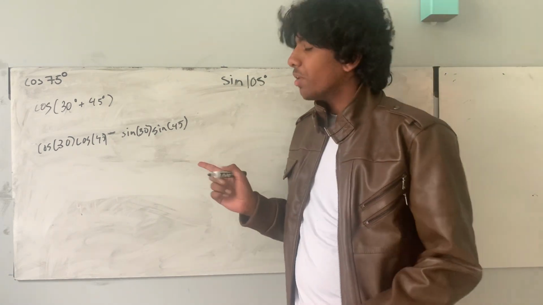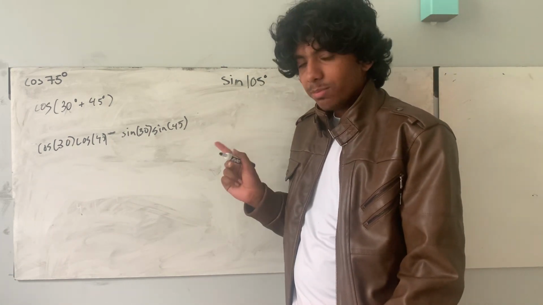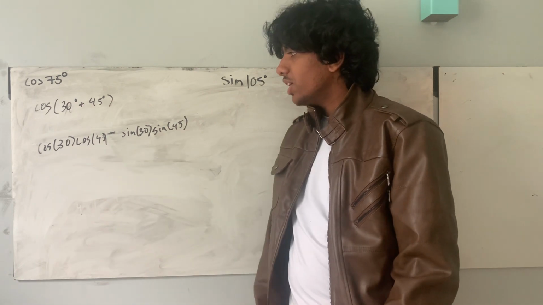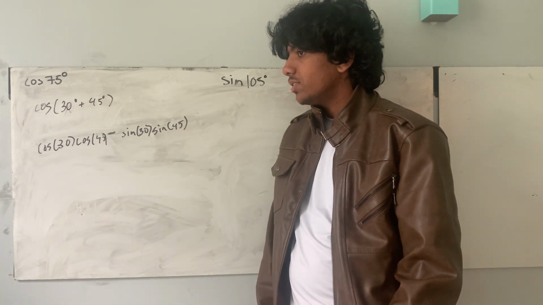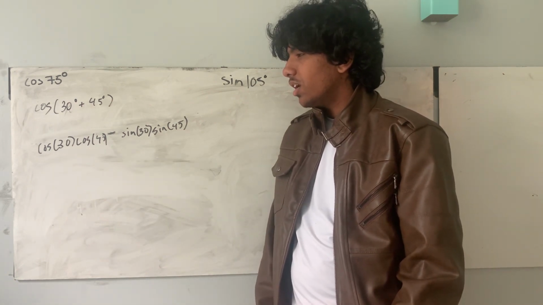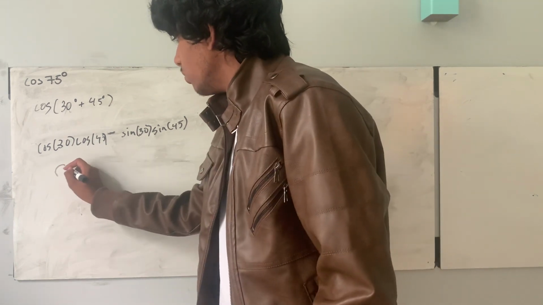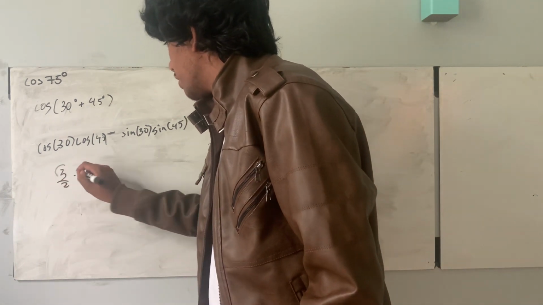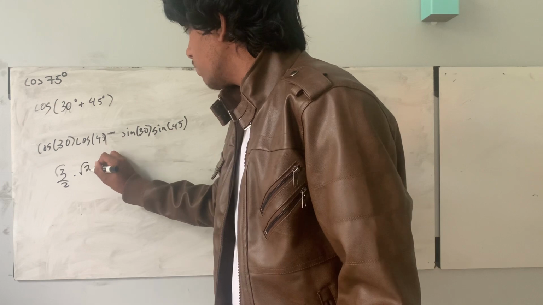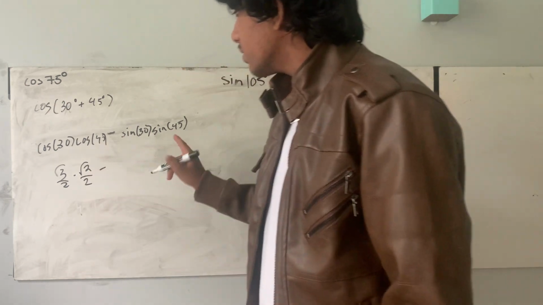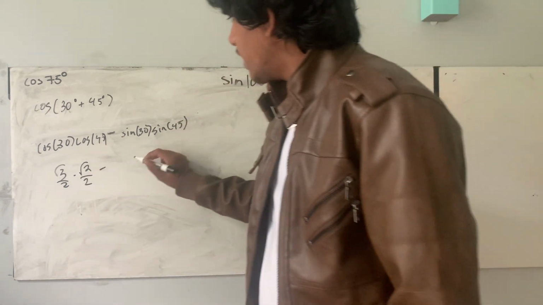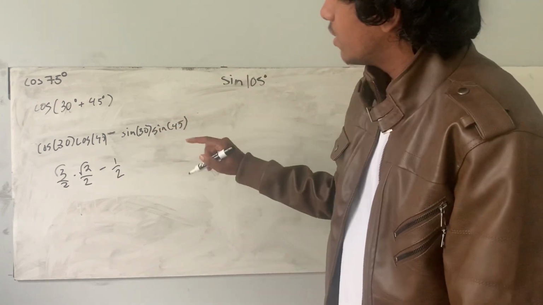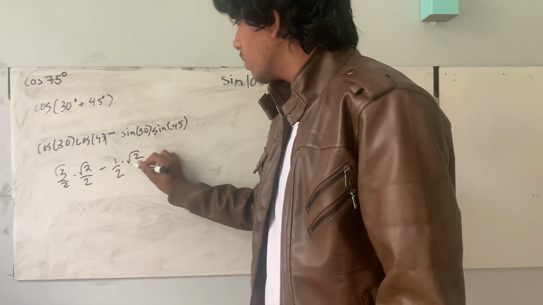You probably know all of these because we're supposed to memorize them. Cosine of 30 is the square root of 3 over 2, times the cosine of 45, which is root 2 over 2, minus sine of 30, which is 1/2, times root 2 over 2.